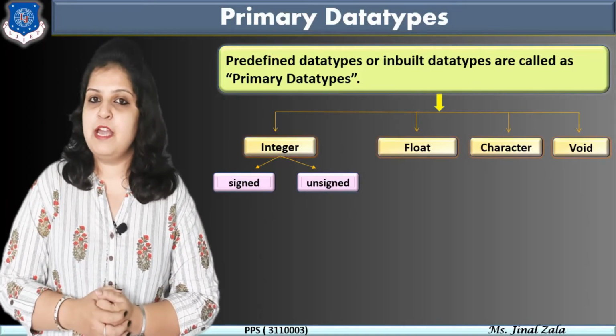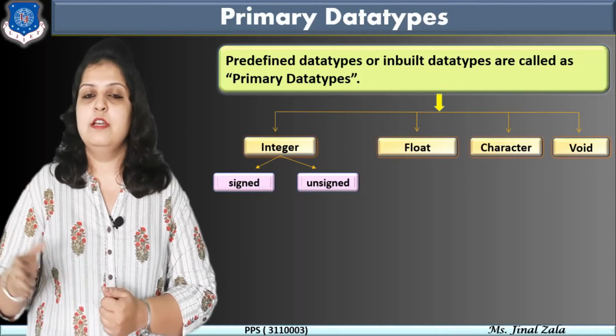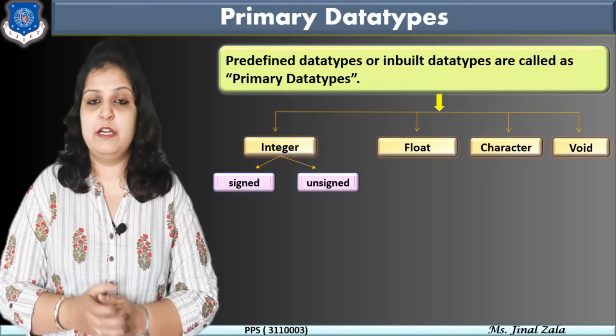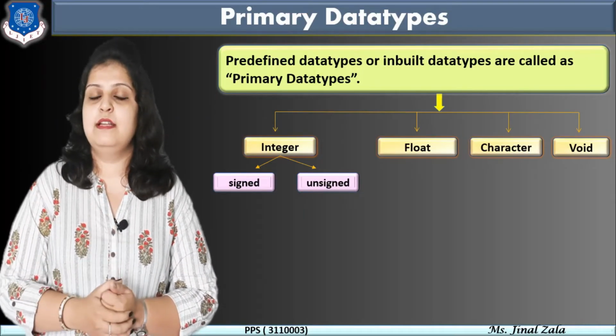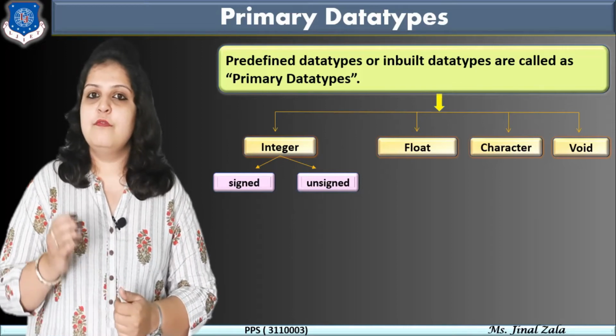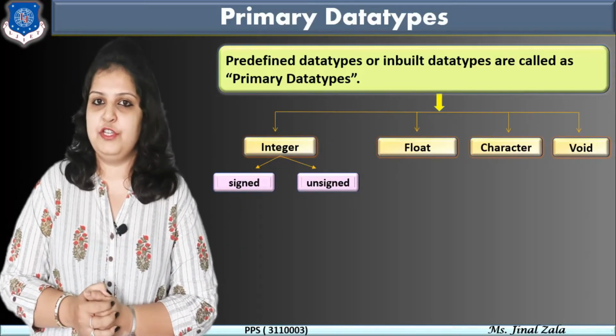And what do you mean by unsigned integer? Suppose I am starting numbers from 0, then the plus sign is not mandatory, but when you want to write a negative number, then the minus sign is mandatory. So when you start the number from 0, it is called an unsigned integer.